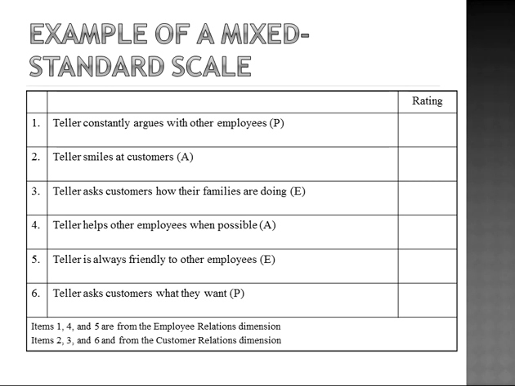So you place a plus after the statement if this typical behavior of the teller is usually better than that represented in the statement, a 0 if the typical behavior of the teller is about the same as that represented in the statement, or a minus if the typical behavior of the teller is worse than that represented. So here you see that items 1, 4, and 5 are for the employee relations dimension. Items 2, 3, and 6 are for the customer relations dimension.